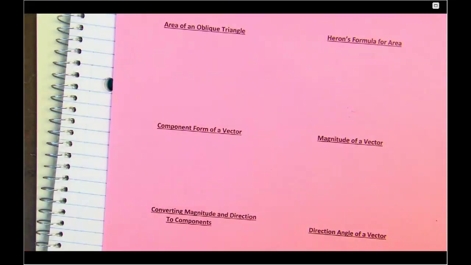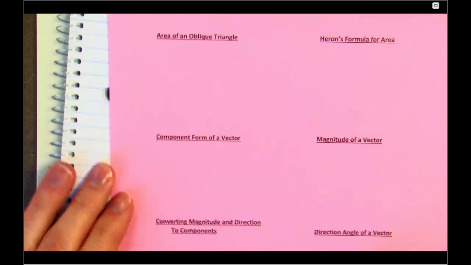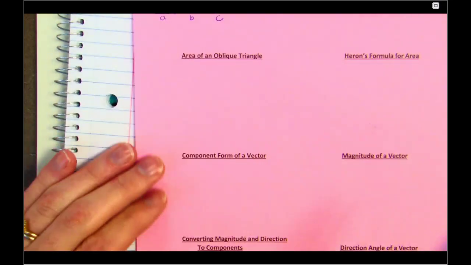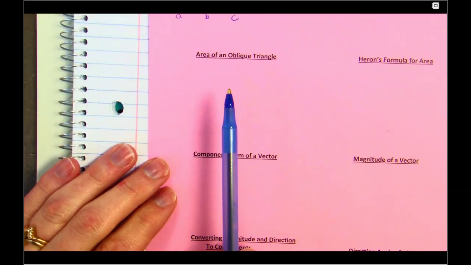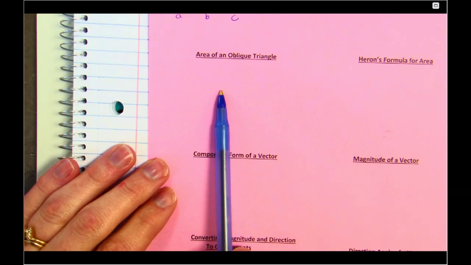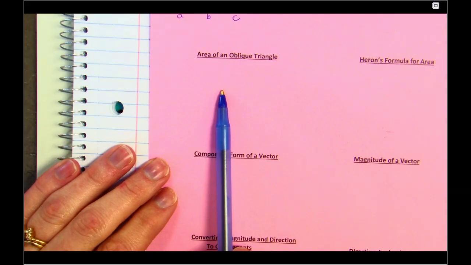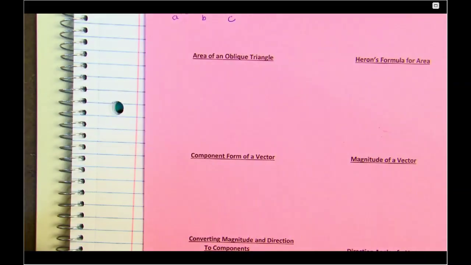Now, get out your pink paper. This one is very easy. There is a formula for finding the area of an oblique triangle.